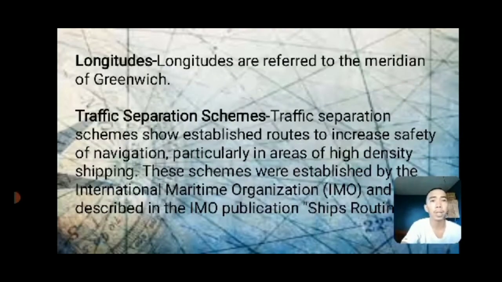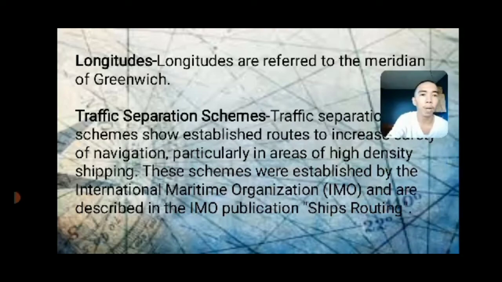Longitude. Longitudes are referred to the meridian of Greenwich. Traffic separation scheme. Traffic separation schemes show established routes to increase safety of navigation, particularly in areas of high-density shipping. These schemes are established by the International Maritime Organization, or IMO, and are described in the IMO publication Ship Routing.